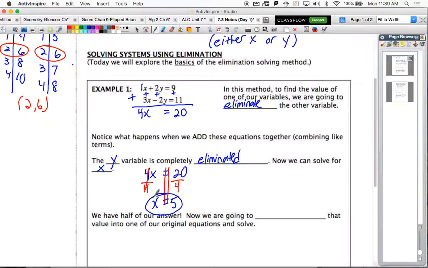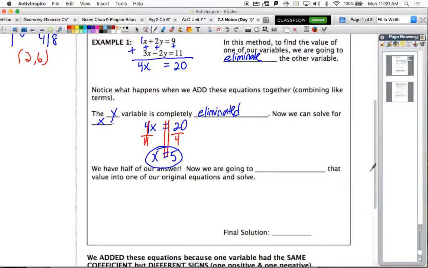So you'll notice this method actually might even be a little bit quicker, maybe a little bit easier than the substitution method. However, before I say that, we should really say, well, we're not quite done with the problem because we only have half of our answer. Remember, we're trying to find the intersection point of the two lines. So x equals 5 is the x value for the intersection point.